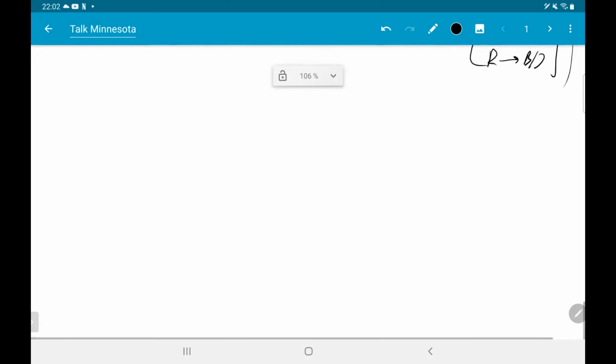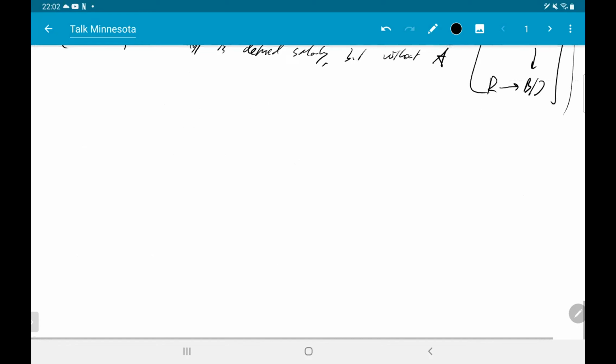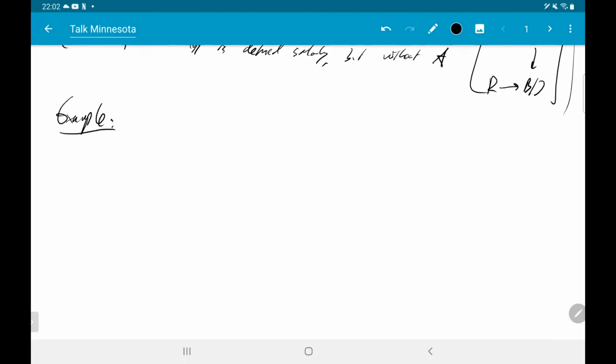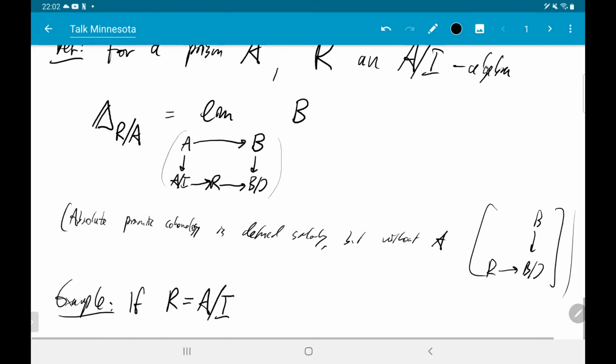Right. So let me give you an example. It's a trivial example, but this maybe gives you some feeling for what this is supposed to accomplish. So if R is A mod I itself, then how does this limit look?